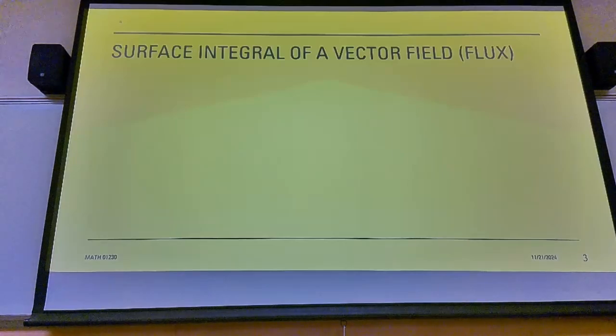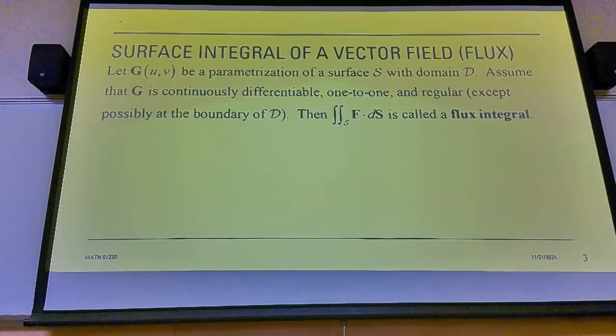That would be a flux. Two most common types of flux, electric flux and magnetic flux. So there's your flux integral.